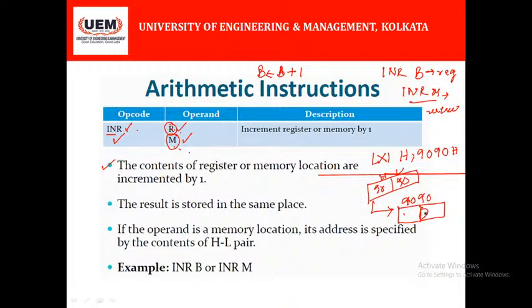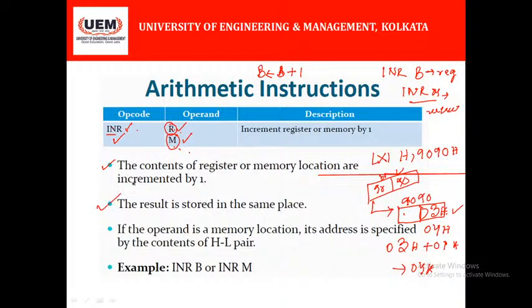The data value stored over there is, suppose, 03. Now what happens after INR M? 03H is stored. So the M value is 03 plus 01H. So the result is 04H. So the value at 9090 will be incremented and it will become 04H.